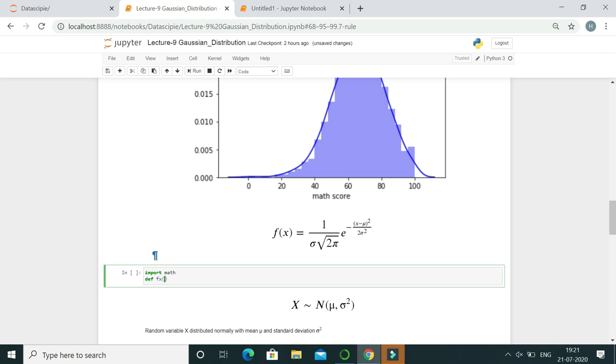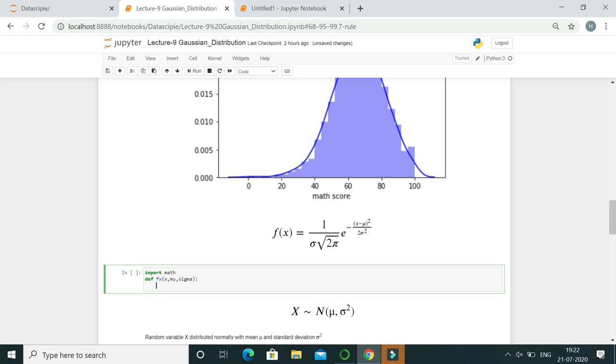What you have to utilize: x, mu and sigma. Okay, next what we have to return is the equation. For that, return 1 upon sigma, in brackets, into square root of 2 pi.